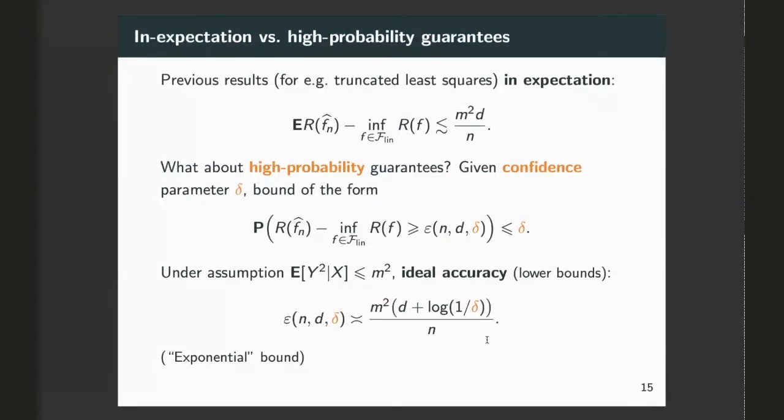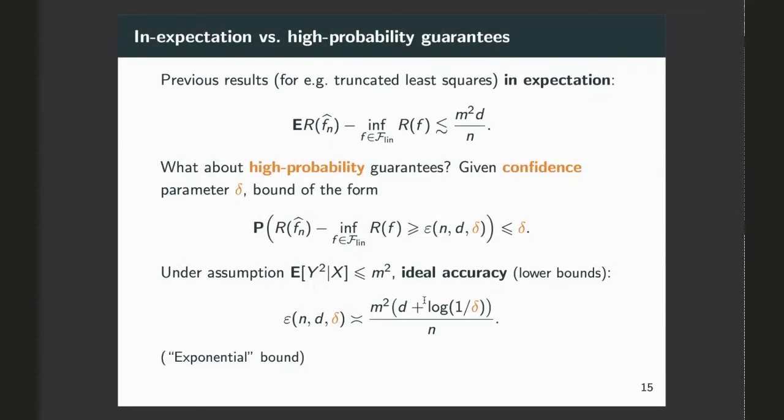This would be ideal. It's an exponential bound, because it is small as long as log of 1 over delta divided by n is small. This means delta can be almost exponentially small in n. So we can have a small risk with probability almost exponential in n, the sample size. This is what we would hope to get.